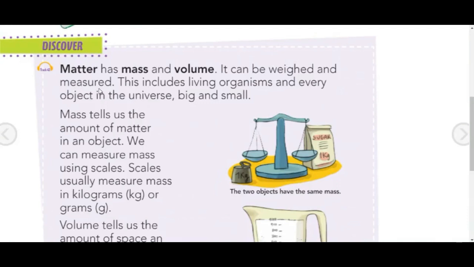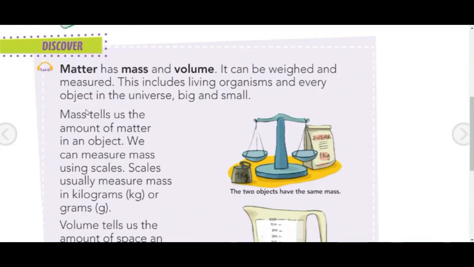You can measure living organisms, for example, a dog. You can weigh and measure it, or you can measure an object, a book, a pencil case, a pencil, a computer, but you cannot measure your feelings. If you feel happy, if you feel sad, if you feel angry, that's what they say.